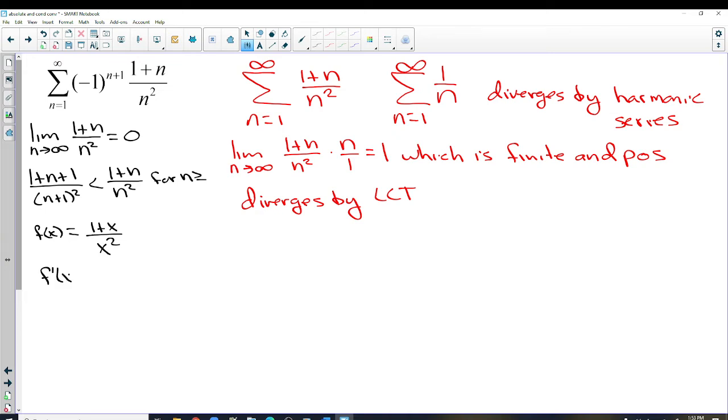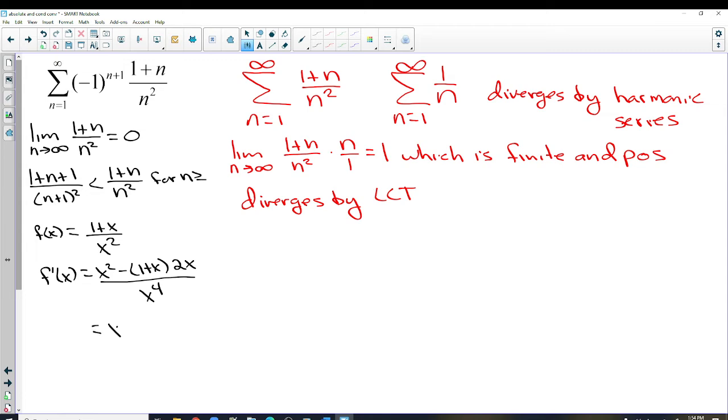So f prime of x is the bottom times the derivative of the top, which is 1, minus the top times the derivative of the bottom, over the bottom squared. So again, when you square the denominator, that's built into the derivative of a rational. It's going to be squared, so it's always going to be positive. We're just looking at the top.